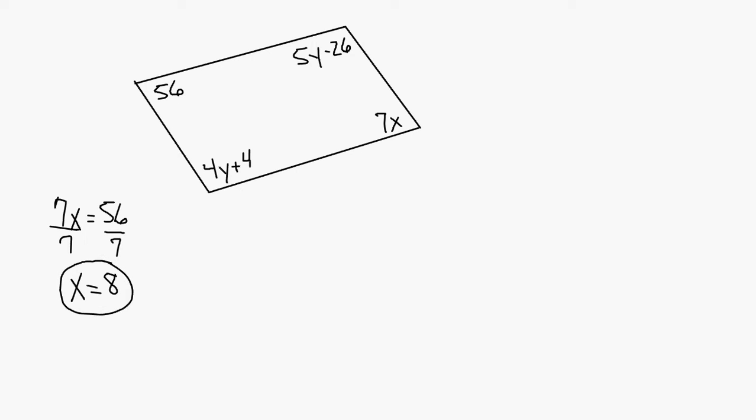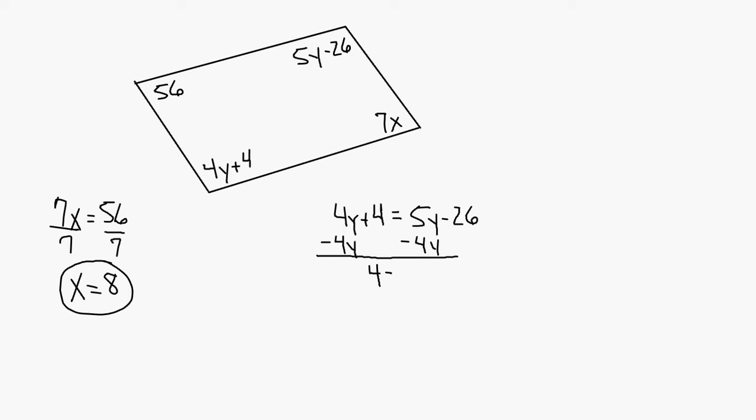All right? That gives you these two angles being congruent. And your other setup would be 4y plus 4 is equal to 5y minus 26. All right? And solve for y here. So subtract 4y from each side.